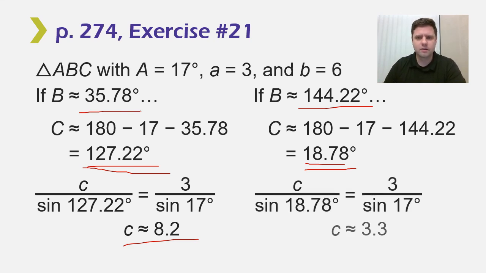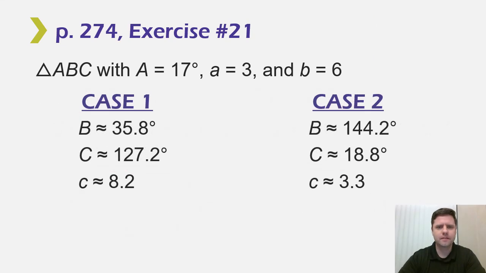We can set up our law of sines and get an answer of 3.3. So notice you don't even have to go through the rational logic of whether or not you have two different cases. You can just plug them in and see if you get answers. If you get answers, then you have two cases possible. So these are those two cases being shown to you.